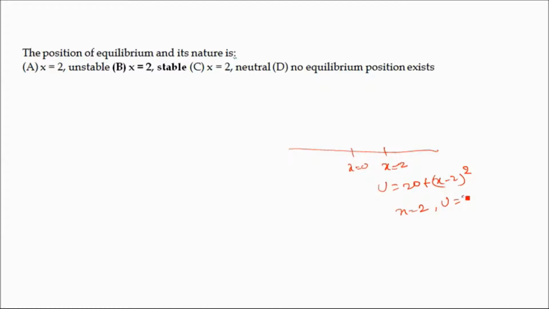At x is equal to 2 we have a potential energy of 20 joule, and it is the minimum value, and the minimum value of potential energy corresponds to a point of stable equilibrium. So at x is equal to 2 we will have a stable equilibrium.